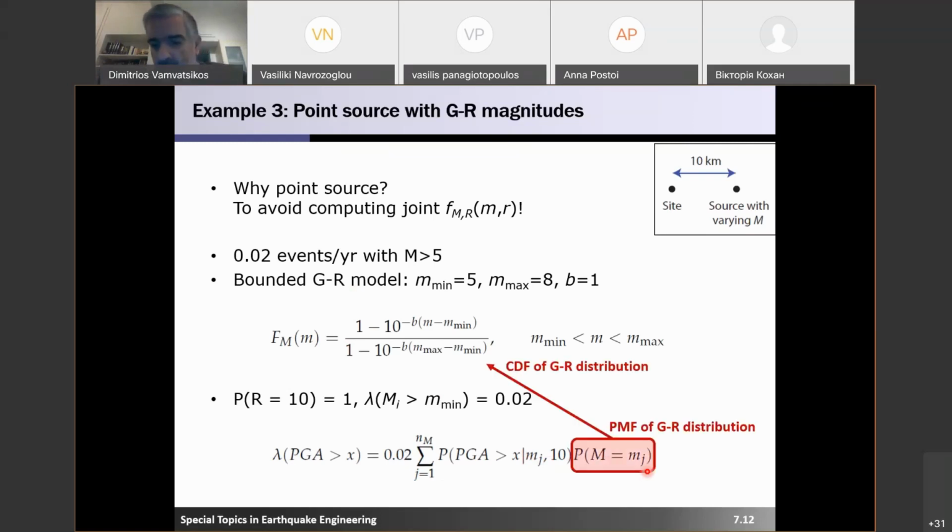So this is pretty much a PMF of the Gutenberg-Richter distribution. You can derive it from the CDF. For example, if you want to look at 5 and 5.5, you take the value for 5.5, you take the value for 5, you take the difference, and that's pretty much your PMF. So you discretize by using the CDF. Very easy.